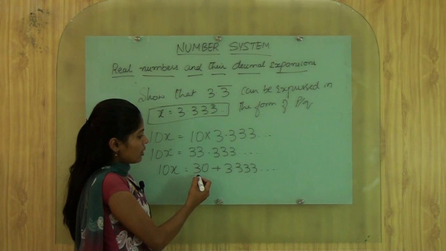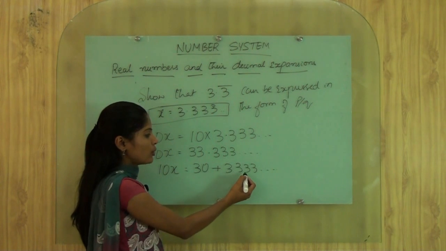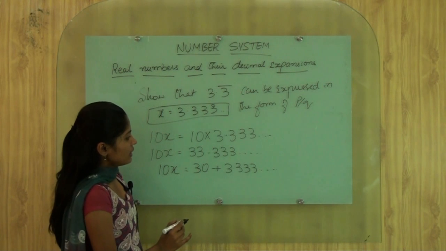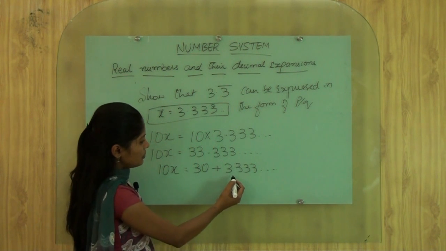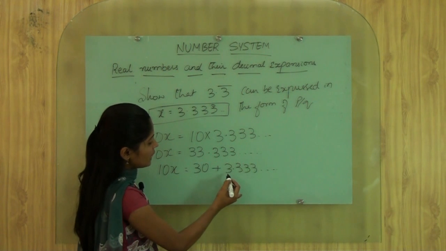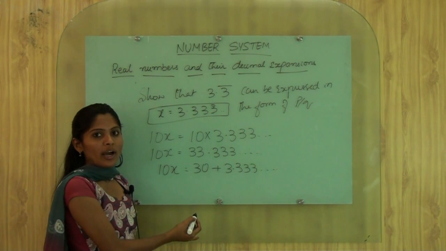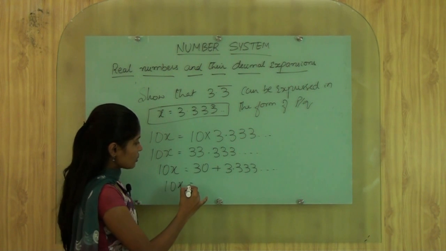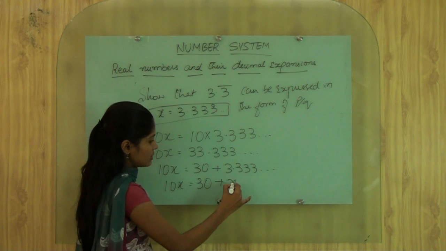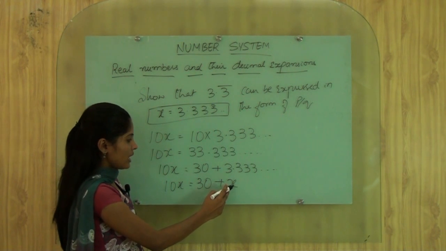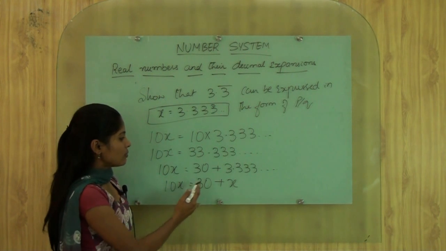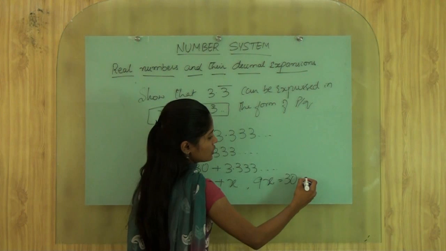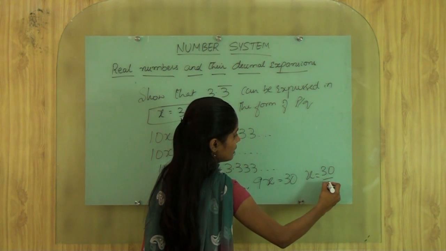If you add 30 to 3.333, you will get 33.333. Then, noting that the 3.333 value we assumed as x, we substitute: 10x is equal to 30 plus x. We bring x to the LHS, then 10x minus x becomes 9x is equal to 30. So x is equal to 30 by 9.